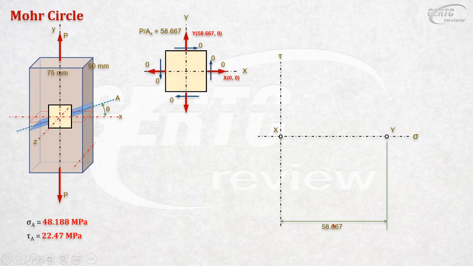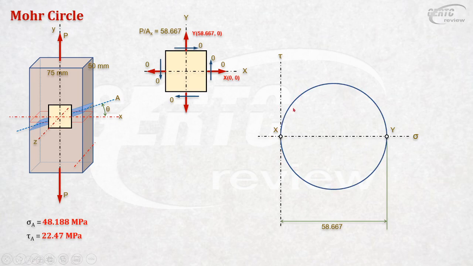Get it? Now these points locate the diameter. These are the ends of the diameter of the Mohr circle. So your circle is like this. That is your circle.